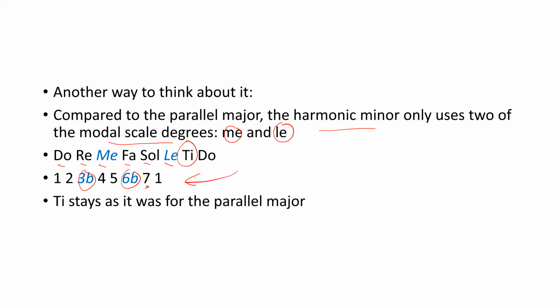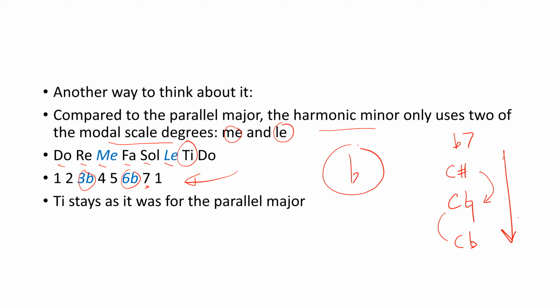This is often how a lot of pop and jazz musicians begin to start thinking of their scales. They practice their major scales, and then when they think about doing the harmonic minor, they just lower the third and sixth scale degrees. And notice in this context, the flat is not necessarily an instruction to add a flat. It just means to lower it by one chromatic semitone. So for example, in the case of C sharp, if I was to do a flat 7, I would go to merely C natural rather than C flat, because I have to pass through the natural before I can go through the flat.